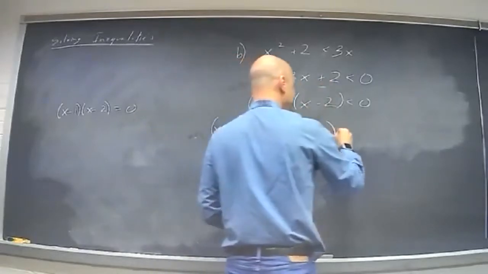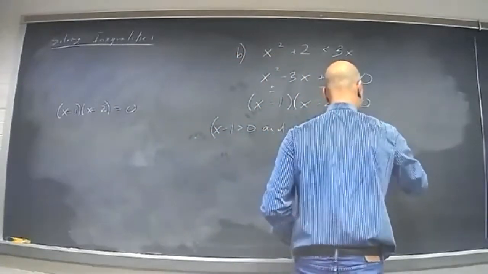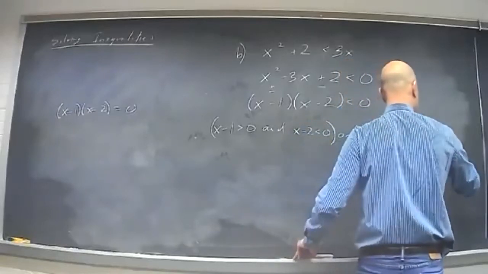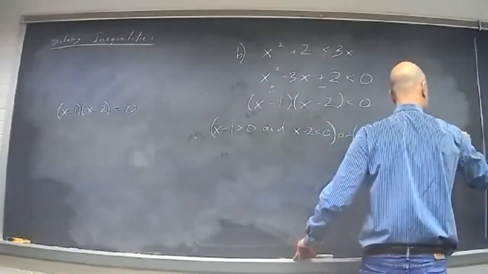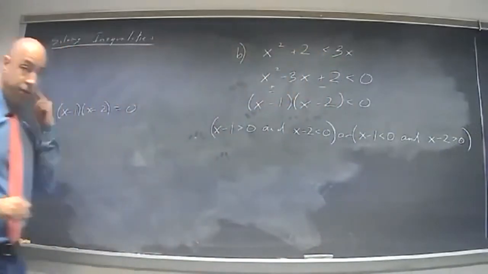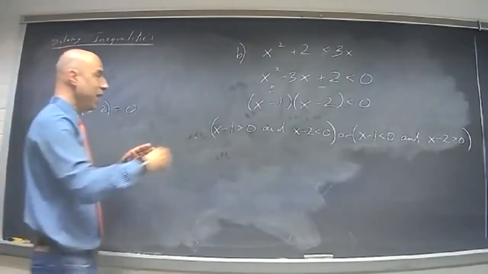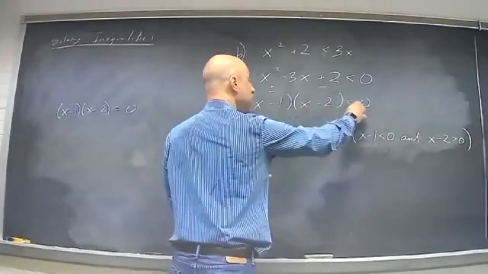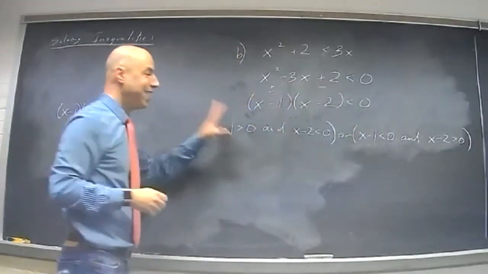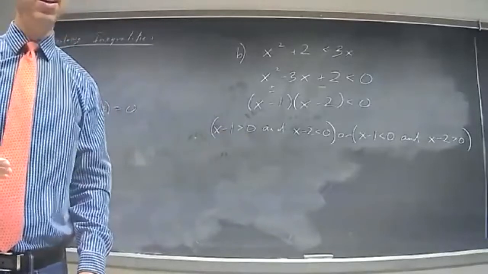Or the first one's negative, so x minus 1 is negative, and the second one's positive. So if we're going to solve this with algebra, the product of these two things is less than 0, so one of them has got to be positive and one of them has got to be negative. This has got to be our next line. That's got to be the line we write.